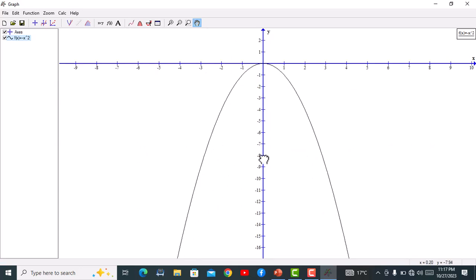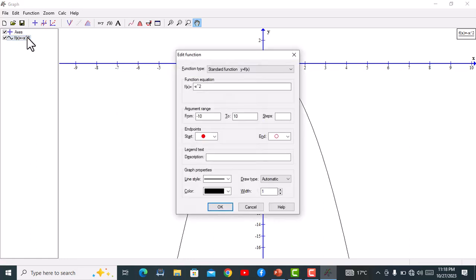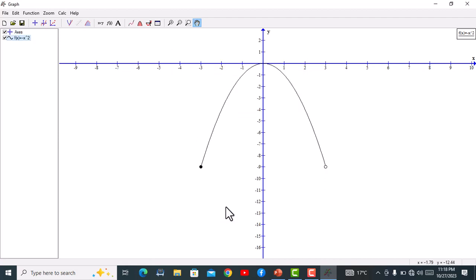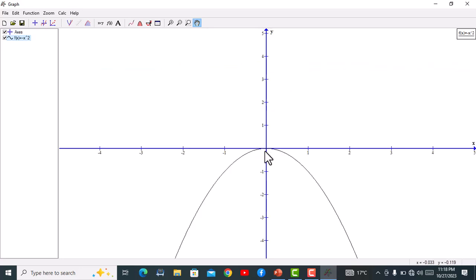As you can see, it continues to infinity irrespective of you specifying the interval. Okay, let me just try to decrease this to -3 and +3 and see. There it is. So this is the mother graph, and remember, because it is facing downwards, it has a maximum value. The largest value is at this point.